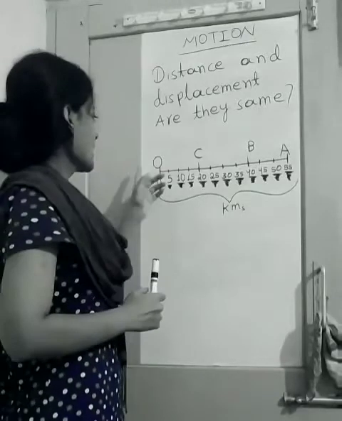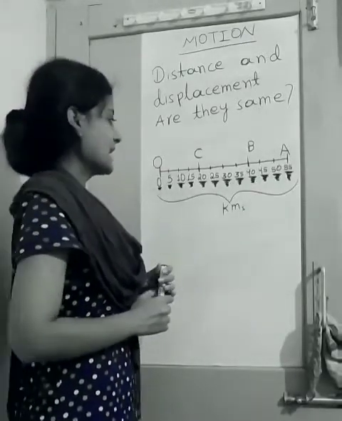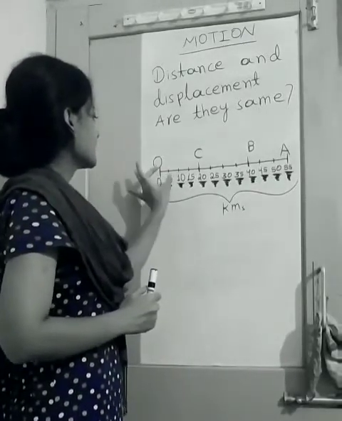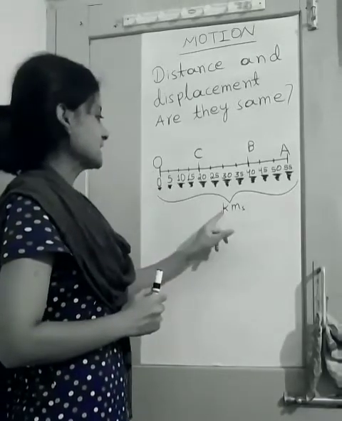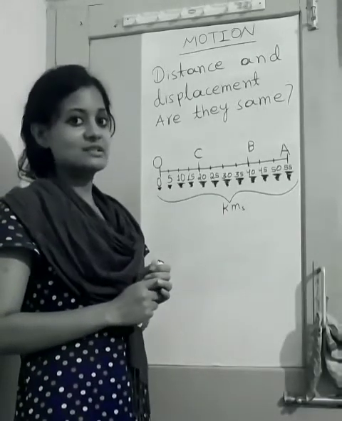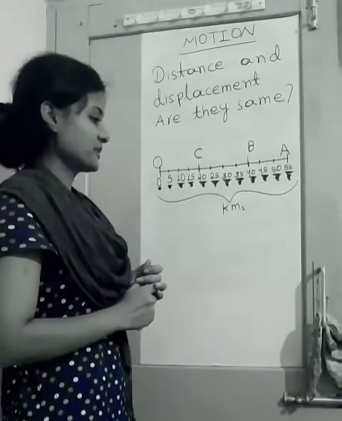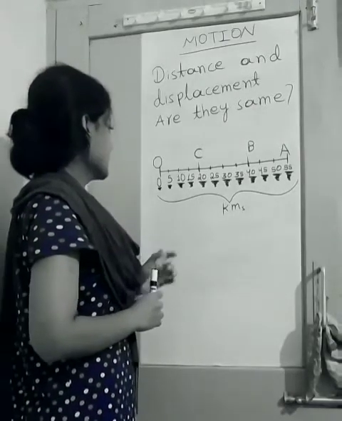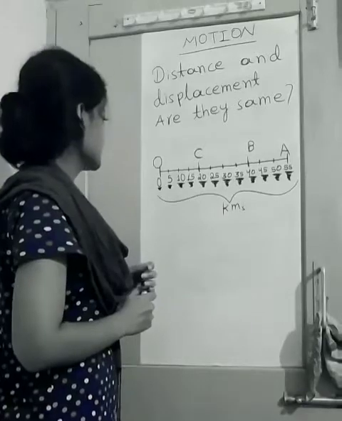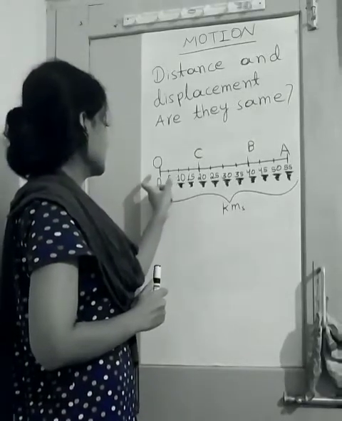O to A, and it's the distance in kilometers, the length covered in kilometers, and there is a difference of 5 kilometers between each point.